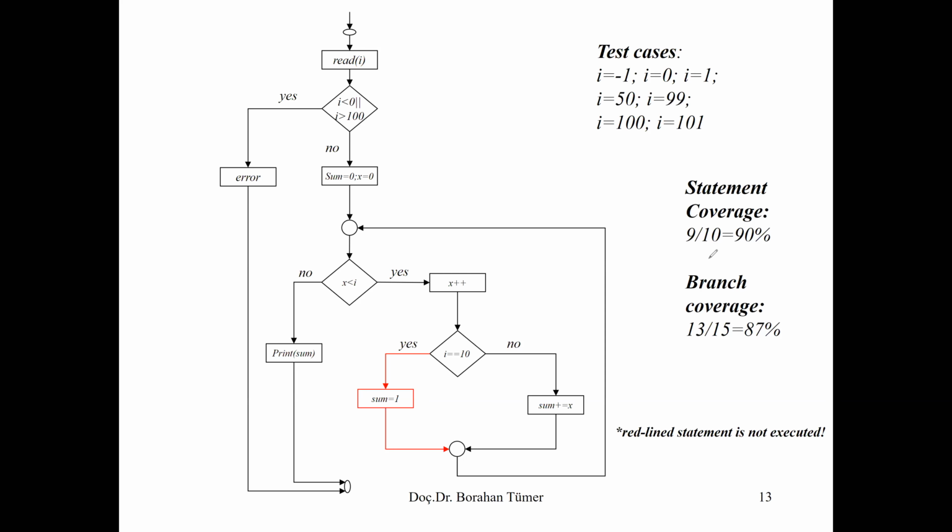Okay, most of you have answered correctly when you said I is equal to 10. Okay, what is missing in both our coverage criteria? This one, right? This path should be included. That means this statement or these two nodes should be included. And which test case makes us test this path?